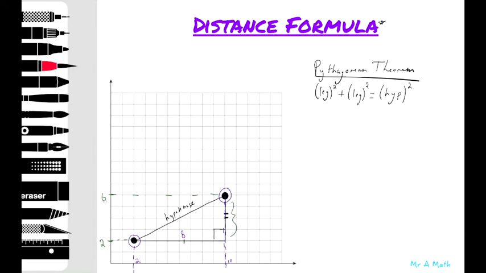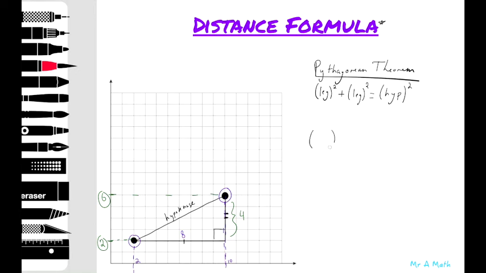Well, it's by subtracting my y values. So it'd be 6 minus 2, which is 4. So now that we know that this side is 8 and this side is 4, we could use the Pythagorean theorem to solve for the length of the hypotenuse. We would just have to do 4 squared plus 8 squared equals hypotenuse squared, and we could solve for it. But let's just generalize this a little bit.